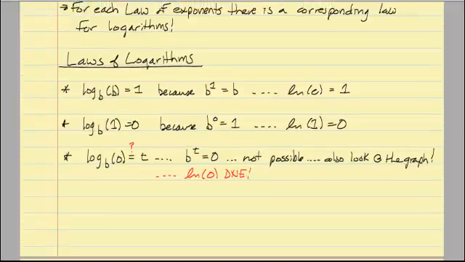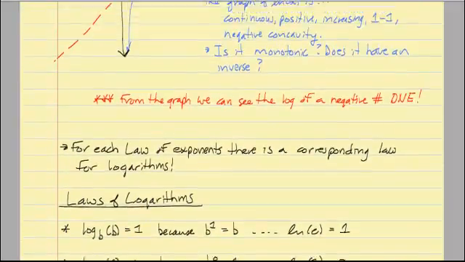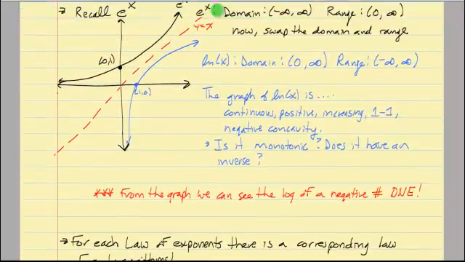I'm going to scroll up here and look at this graph again real quick. The natural log of 0 does not exist. If we look at this graph, the natural log of 0 would be this origin point right here. I'd have to plug in 0 to see what I got back out on this natural log graph. This blue graph is the natural log graph.